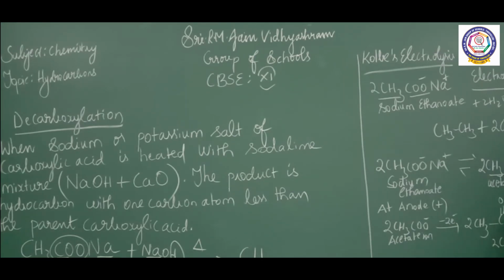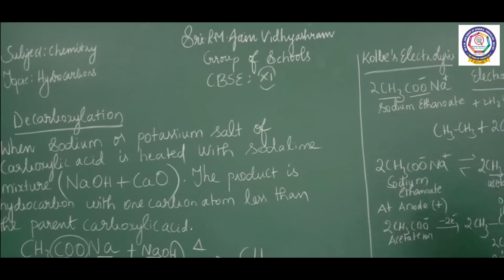What will be the next step? So this will be breaking like this. You will be getting 2 methyl free radical plus 2 carbon dioxide. So this is methyl free radical.